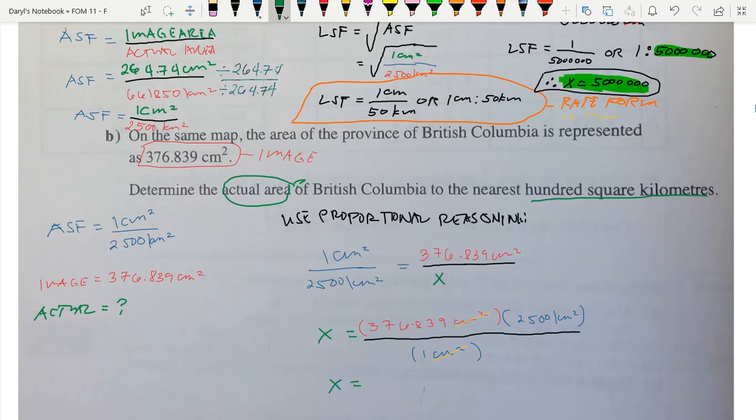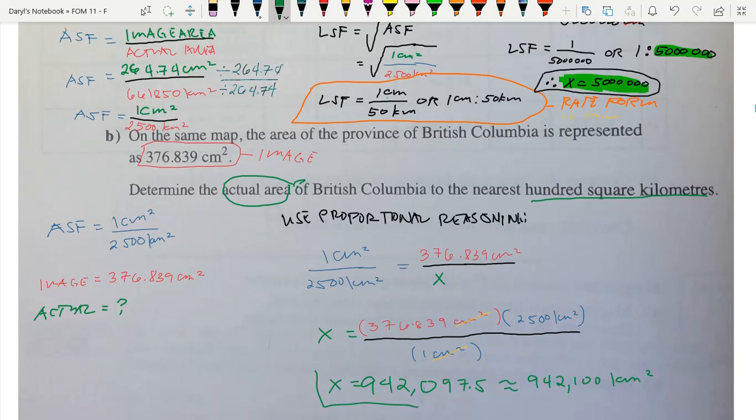That gives me around 942,097.5, or to the nearest 100 kilometers, approximately 942,100 square kilometers.